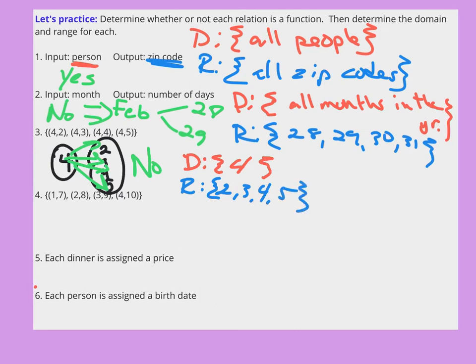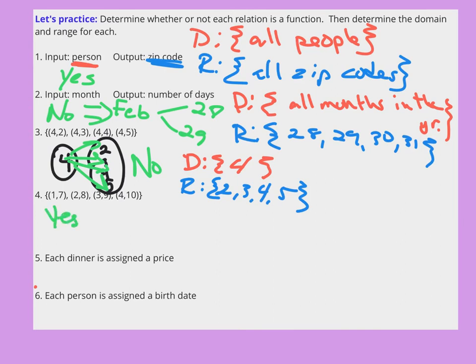All right, let's look at another example. When we look at number 4 here, we're looking at, again, set notation. We have several different ordered pairs. I have 1 being mapped to 7, 2 being mapped to 8, 3 to 9, 4 to 10. My x values are all different, and they're each being mapped to just one y value. So for that reason, I would say that this represents a function.